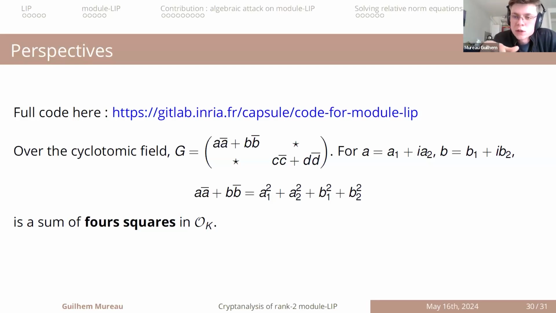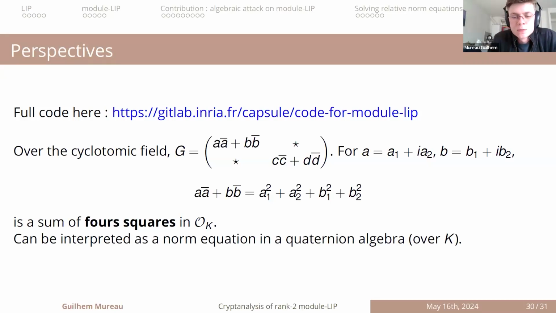Writing the elements A and B in a basis of K, A is A1 plus A2, same thing for B. We see that the first coefficient, A bar A plus B bar B, is a sum of 4 squares in OK. And a sum of 4 squares, you can interpret it as a norm equation in a quaternion algebra.